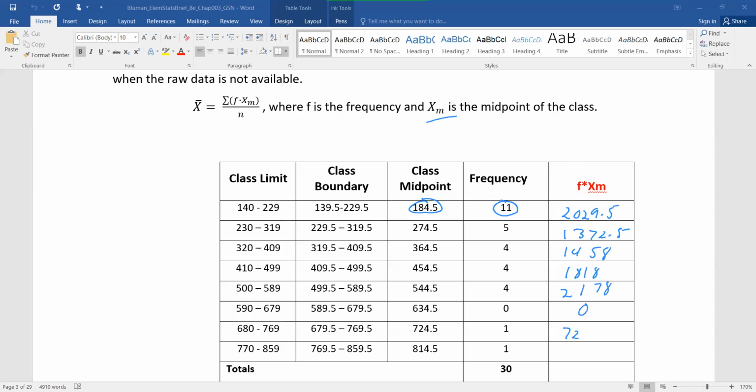And then these should be just 74.5, and this was 814.5. Go ahead. Which one? Uh-huh. 76. So our calculations were 544.5 times 4. I have to agree it's 78. I got you.